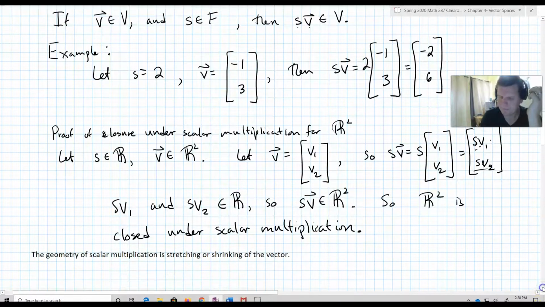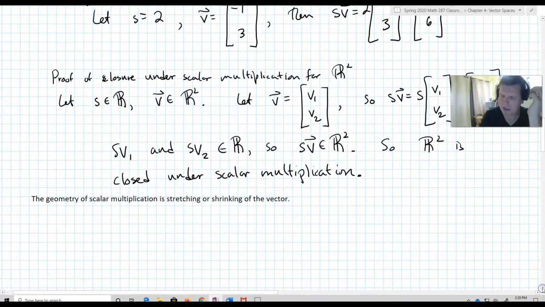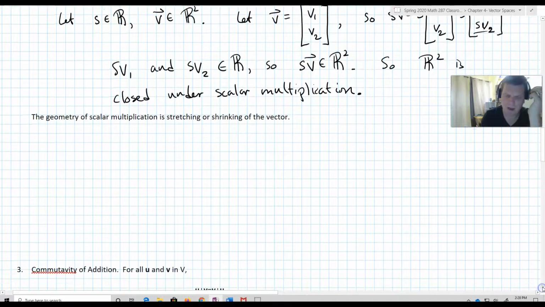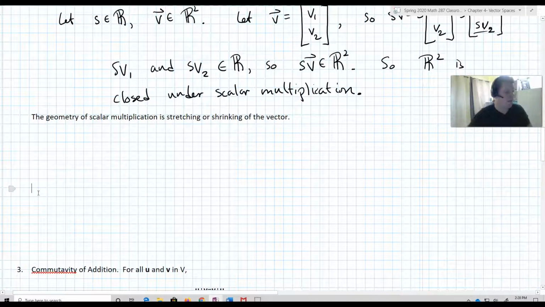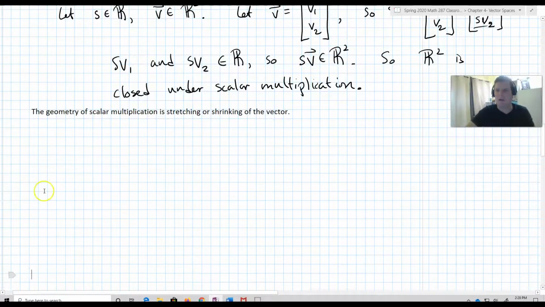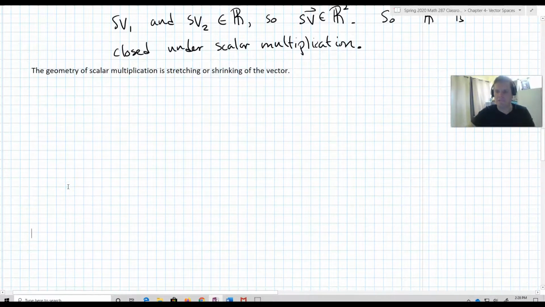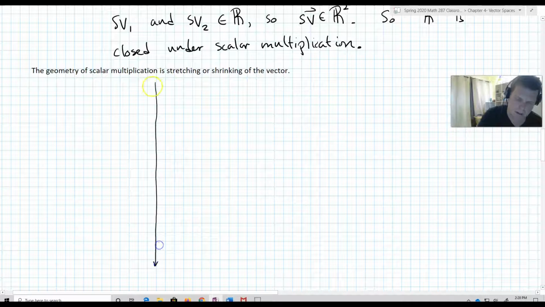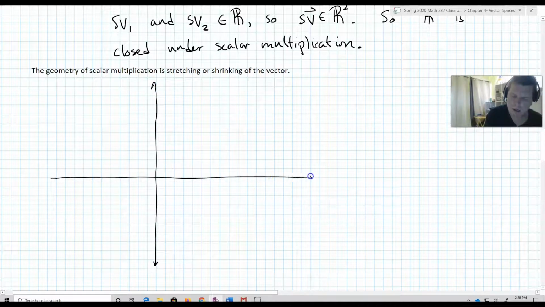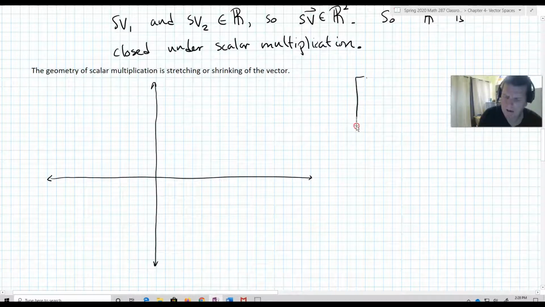Cool. Now let's talk about scalar multiplication from a geometric perspective, right? When we talk about the geometry of scalar multiplication, what we're talking about is that we're going to be shrinking or stretching a vector. So let's say, for example, we take our vector (3, 1).